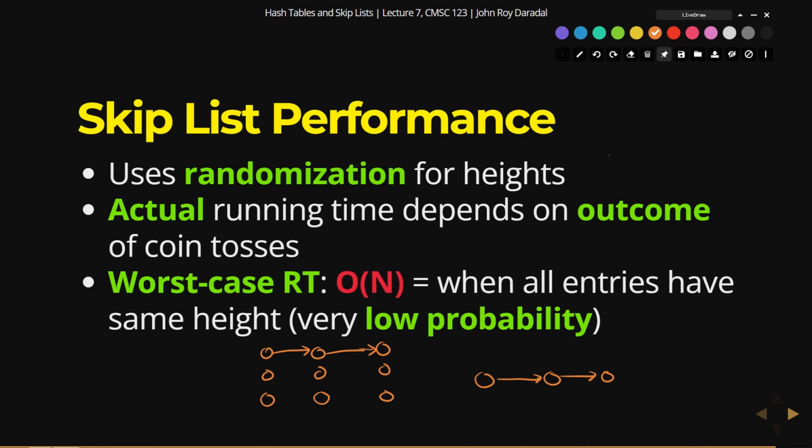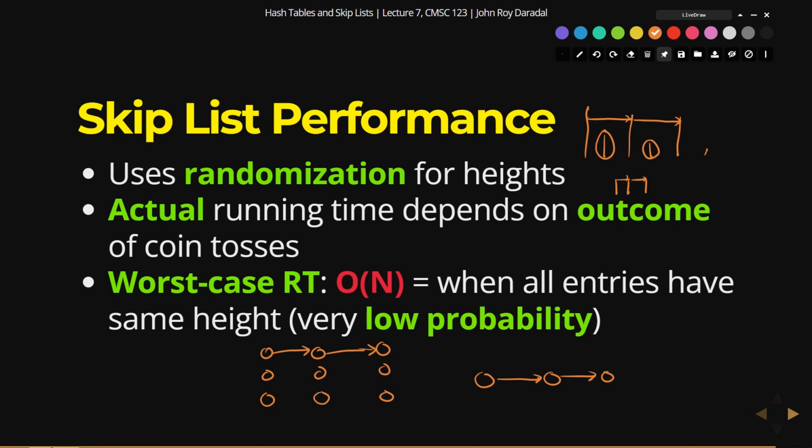So if we have varying heights, this allows us to skip some nodes. Like for example, you can go from here to here without passing through this one, right? Or from here to here without passing through this one. But if everything is the same height, then you'll have to pass by everything, right?